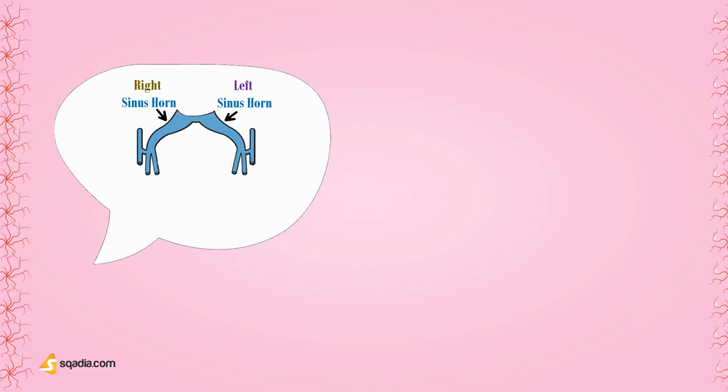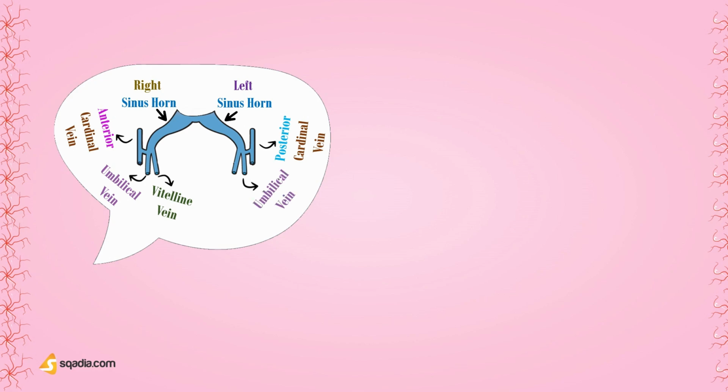So, these horns are formed by the major embryonic veins, such as right sinus horn has anterior cardinal vein, umbilical vein, and vitelline vein. Similarly, left side sinus horn has posterior cardinal vein, umbilical vein, and vitelline vein.